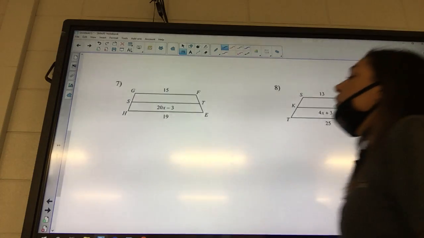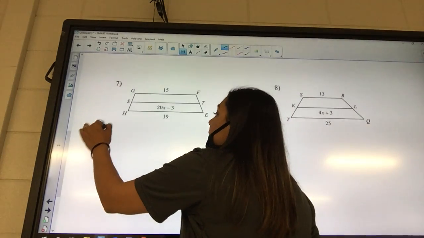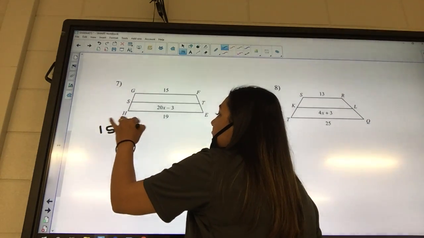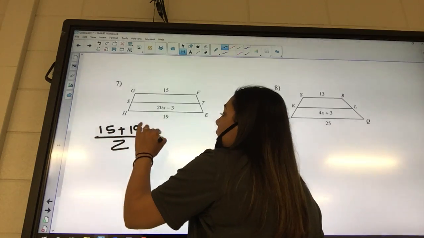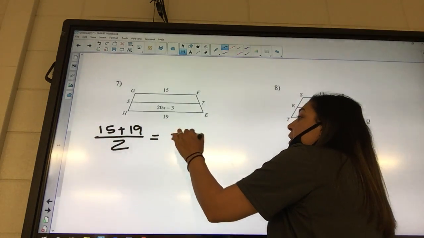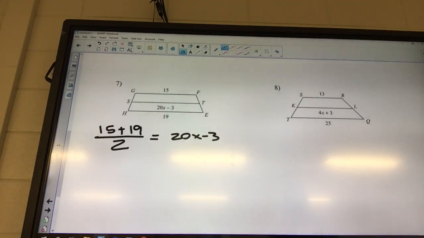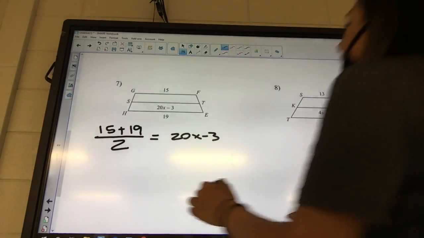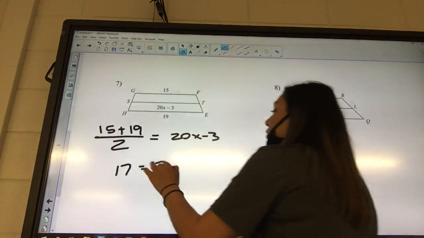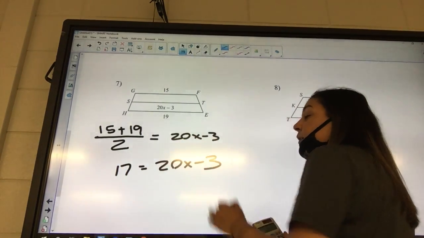Okay, so number 7, the top is 15 plus the bottom is 19 divided by 2 equals the middle, which is 20x minus 3. On the left, 15 plus 19 divided by 2 is 17, equals 20x minus 3.